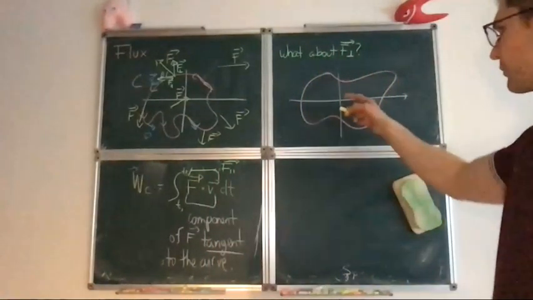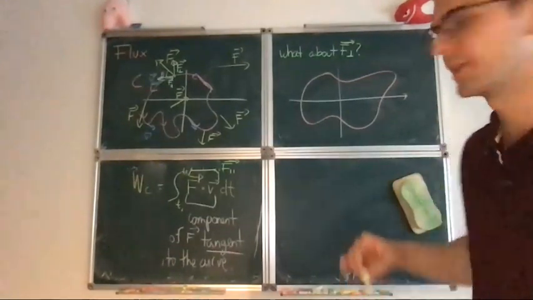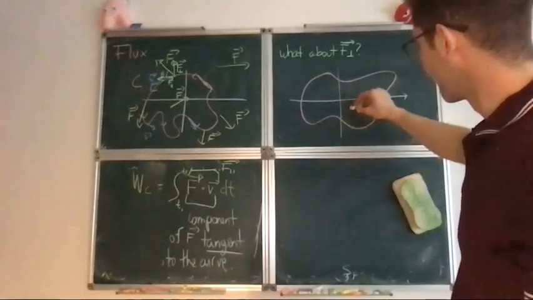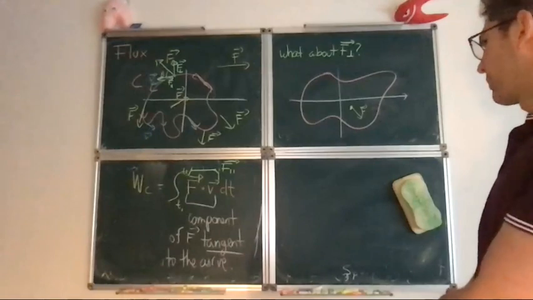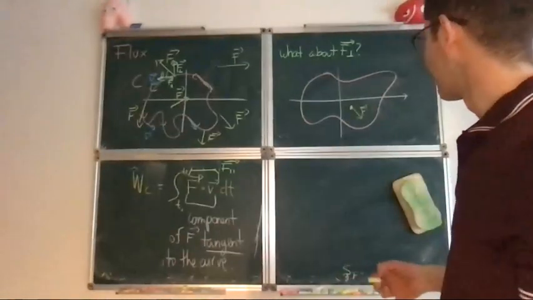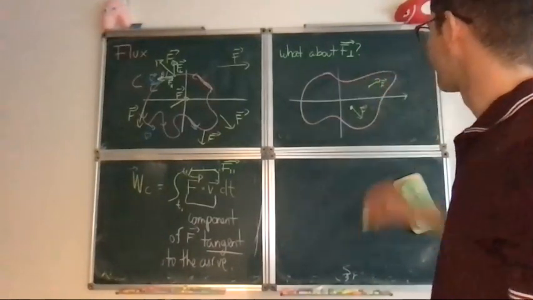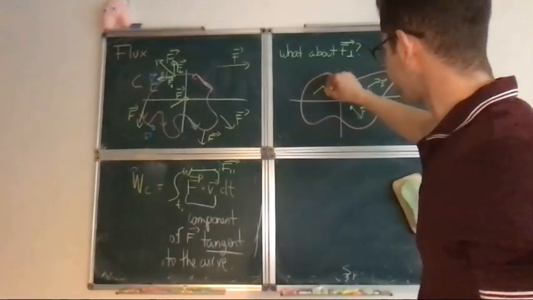So here we have our curve. Imagine that on the xy plane you have a fluid, and you have a particle in this fluid, and F now represents the velocity the particle has at that point, or the fluid has at that point. So at each point you draw a vector which now represents the velocity of the fluid at that particular point.